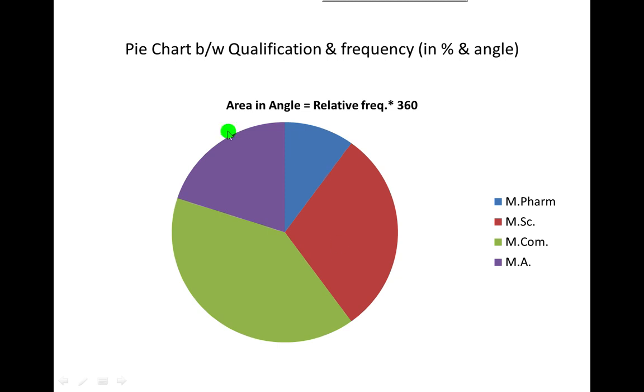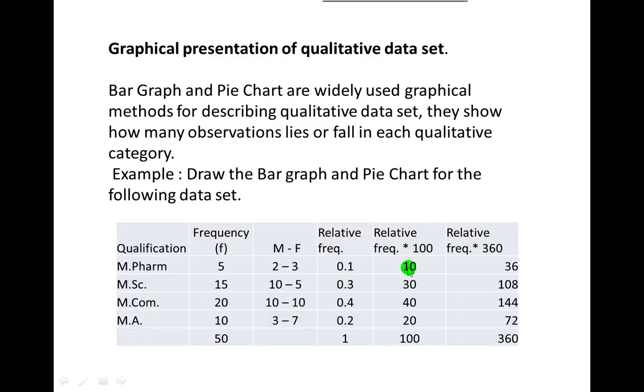So this is called a pie chart. This area in percentage, the 36 degrees, will be equal to 10%. Another area is equal to 30%, next 40%, next 20%.